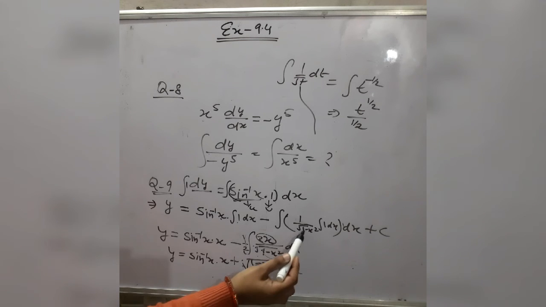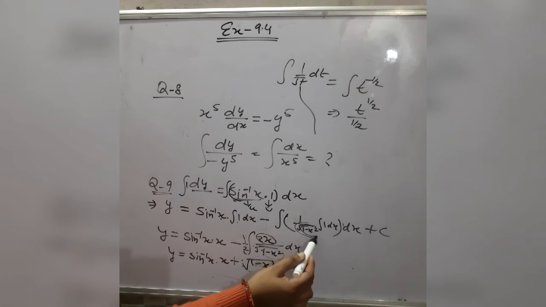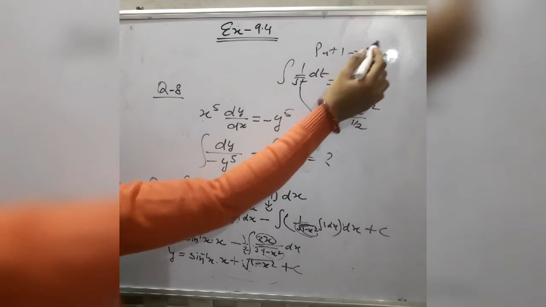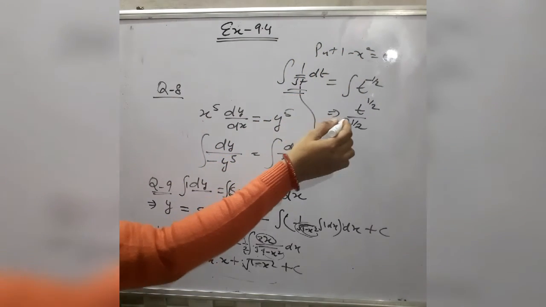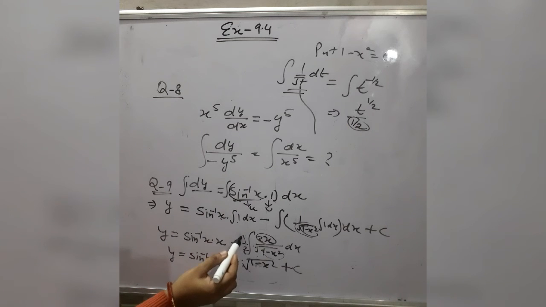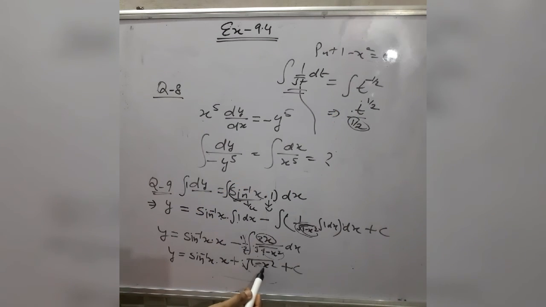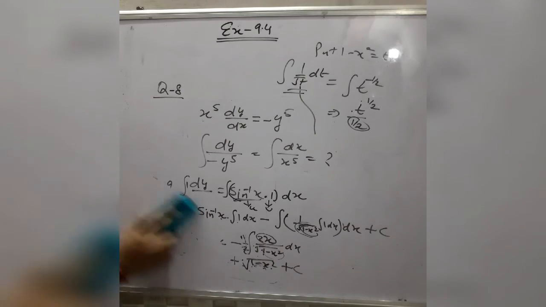When you put 1 minus x square is equal to t, you will get this form, and this 1 by 2 is cancelled with this 1 by 2, so you will get only t raised to power half, and t is 1 minus x square. So when in place of t you put the value of t, you will get this value. So in this way you can find the integration of sin inverse x.